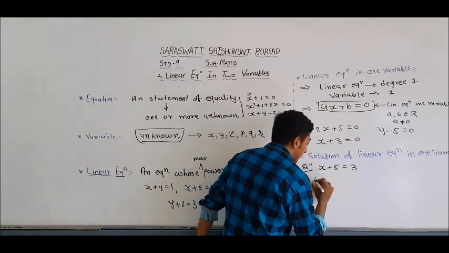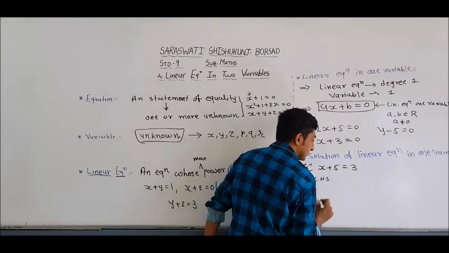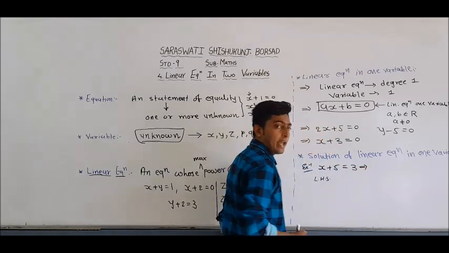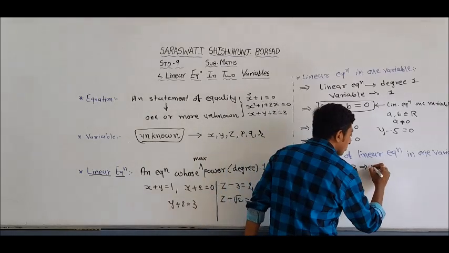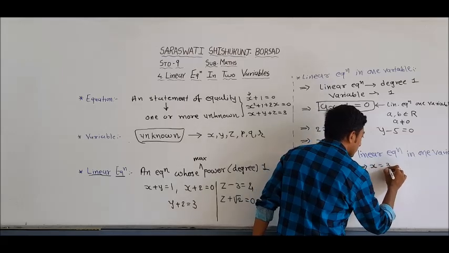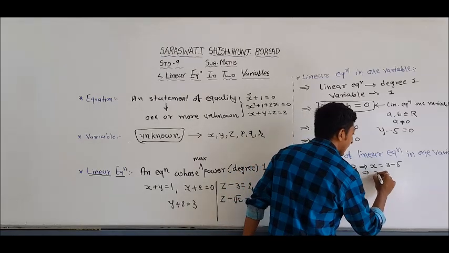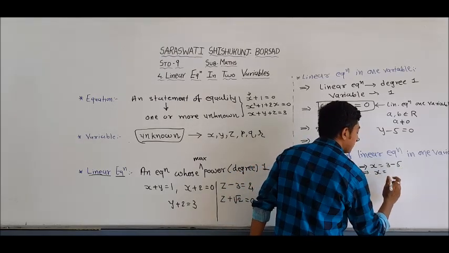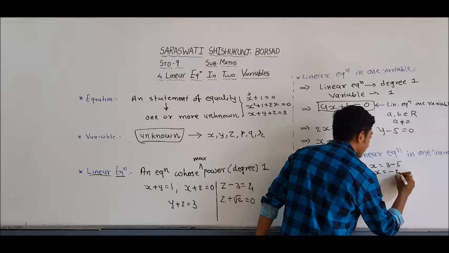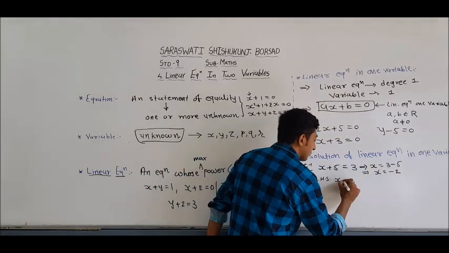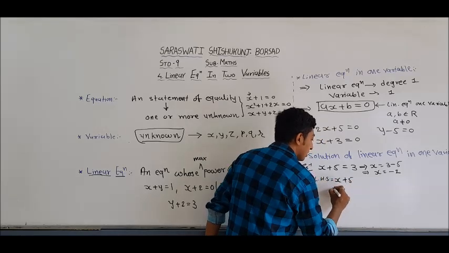How to find it? First of all, I have to find the value of x. So x plus 5 equal to 3, I can write x equal to 3 minus 5, that is minus 2. Now LHS equal to x plus 5.